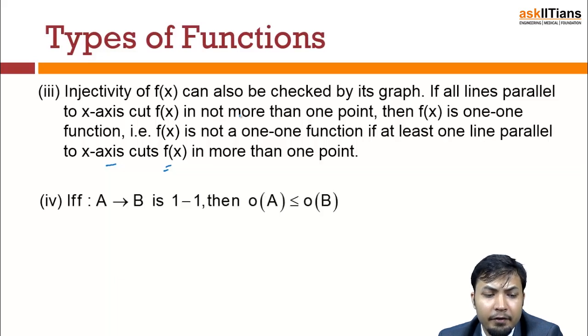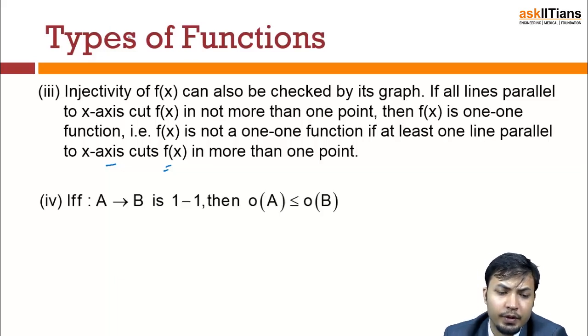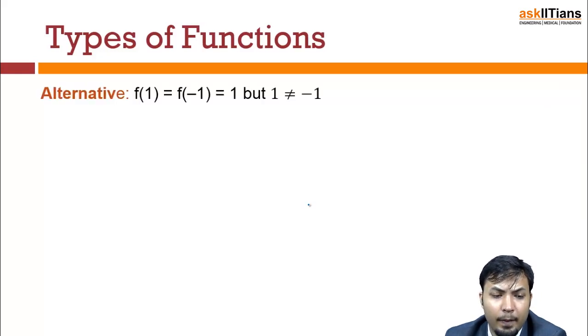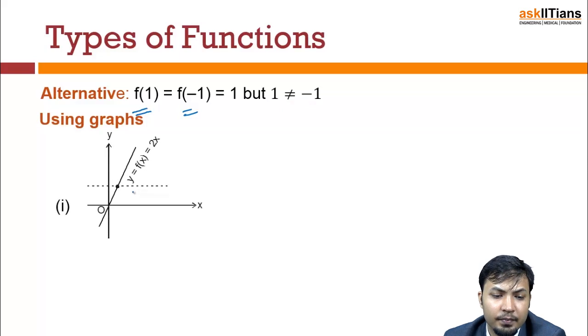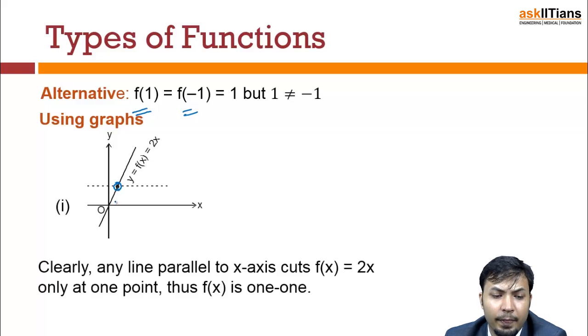Now if and only if a belongs to b, this is a one-one function, then f(a) will always be less than f(b). Now the alternative: if f(1) is equal to f(-1), but obviously 1 is not equal to -1, then in that case, using the graph, you see, it cuts at more than one point on the x-axis.